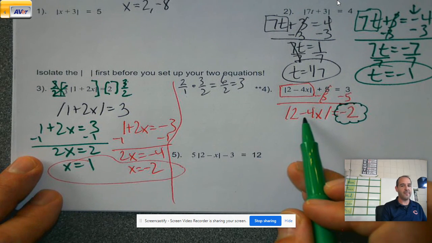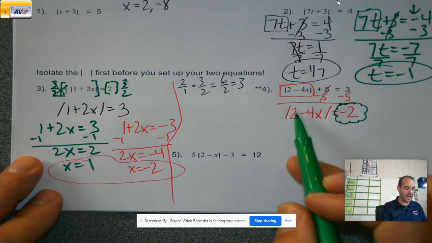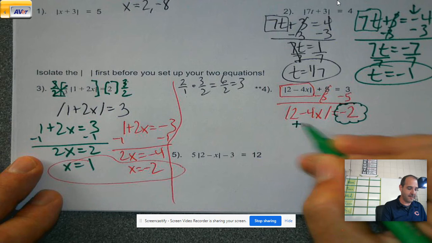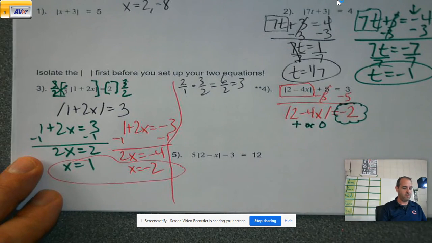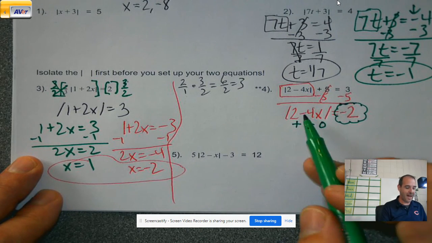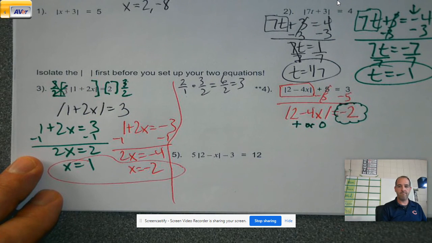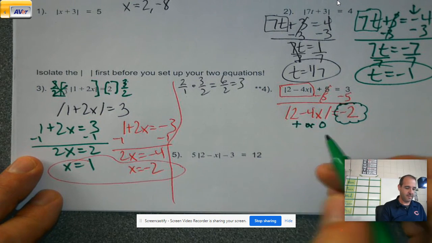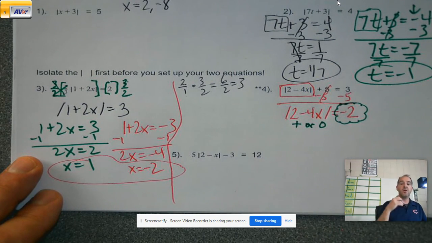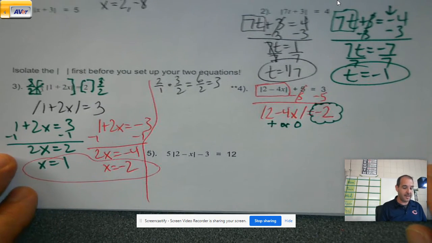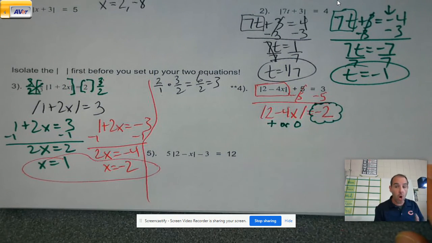We know 2 things about what comes out of here. Whatever answer I get, going to be positive or 0. Is there a positive number that equals -2? Nope. Does 0 equal -2? Nope. So when you're doing equations, if before you split them, I can't say this enough.